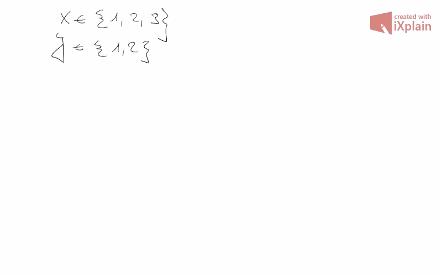So I'm using an example now that is not in the script to make things a little bit easier for me to write up. Don't think too much about this notation. The only thing that I want to say here is that x can take on the values 1, 2, and 3, and y can take on the values 1 and 2, and they cannot take on any other values.